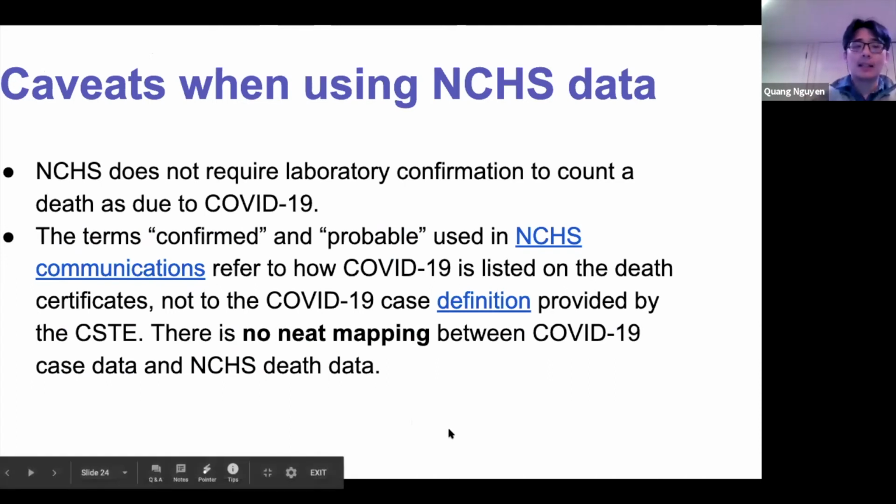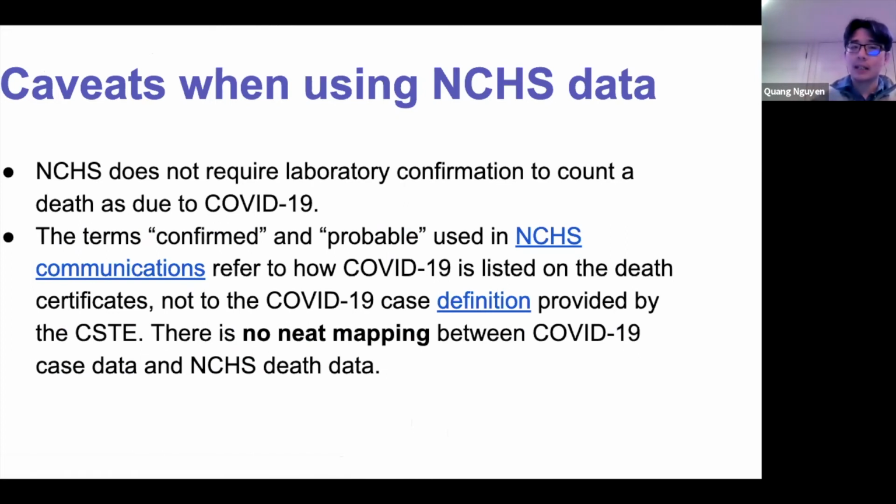The NCHS does not require laboratory confirmation to count a death as due to COVID-19. They count deaths both confirmed as well as clinically due to COVID-19. And so it counts both confirmed and probable cases in the way that the Council of State and Territorial Epidemiologists like to define it, the standard way that we define confirmed and probable cases.